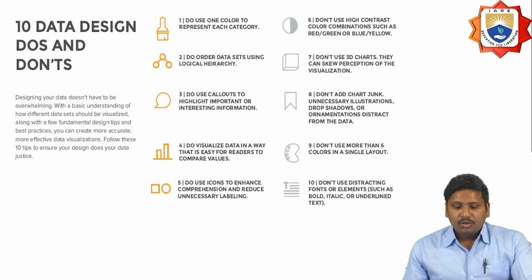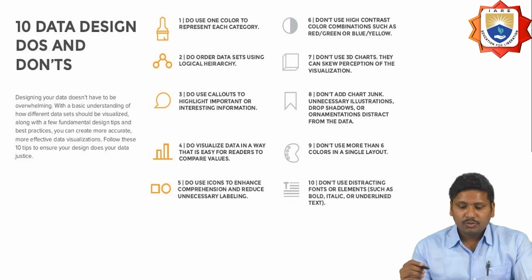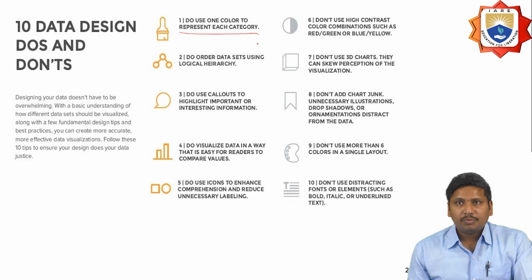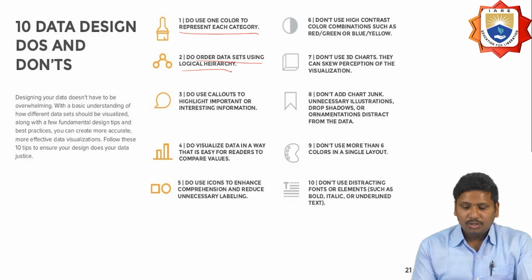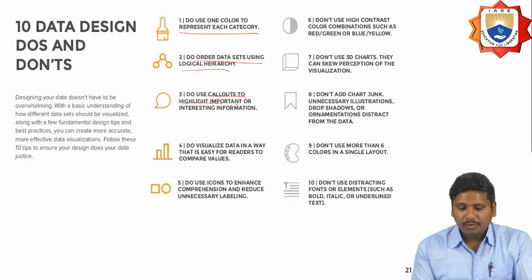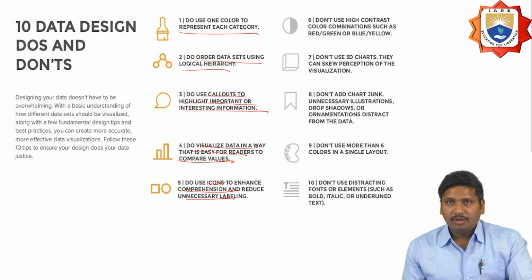Now I will show the 10 data do's and don'ts. Before designing the chart, the very first thing is: don't use one color to represent each category, and do order data sets using a logical hierarchy, and use callouts to highlight important or interesting information, and do visualize the data in a way that is easy for readers to compare values, and do use icons to enhance comprehension and reduce unnecessary labeling.